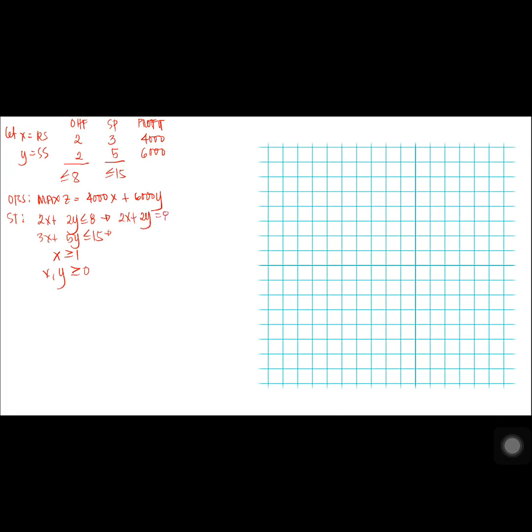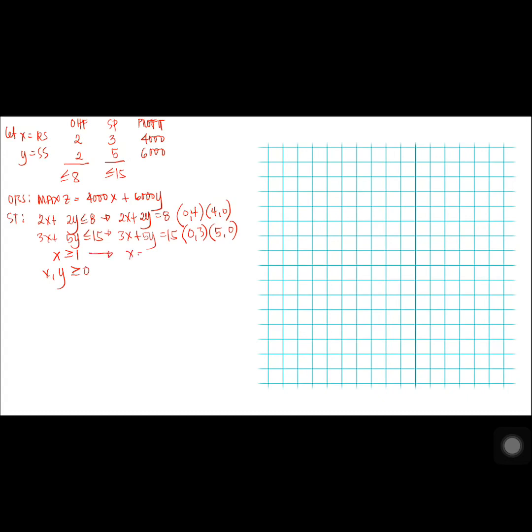We have 2x plus 2y is equal to 8, so the coordinates are 0, 4 and 4, 0. For the next equation, 3x plus 5y is equal to 15, the coordinates are 0, 3 and 5, 0.